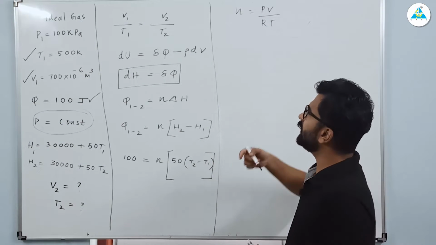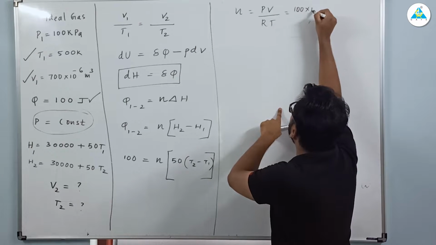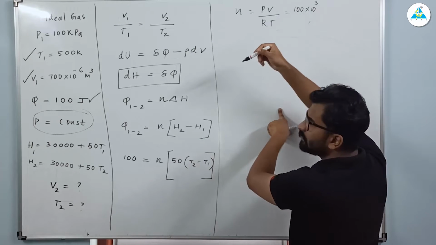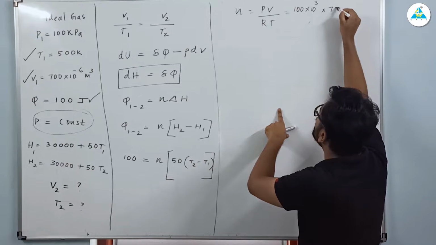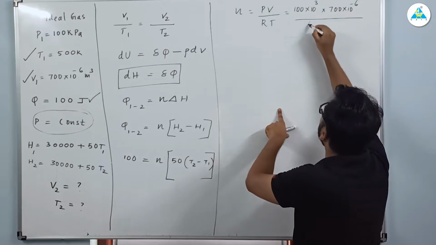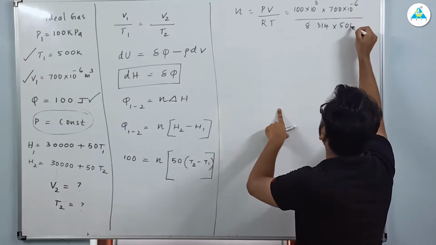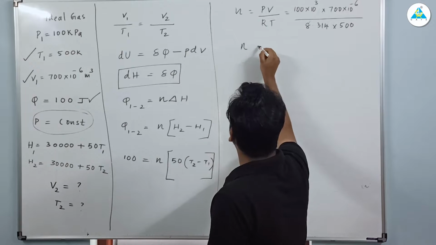So what is the pressure here? 100 kilopascal. So 100 into 10 power 3. What is the volume? It is 700 into 10 power minus 6. R is 8.314. Temperature is 500. Now what will be the value of number of moles?